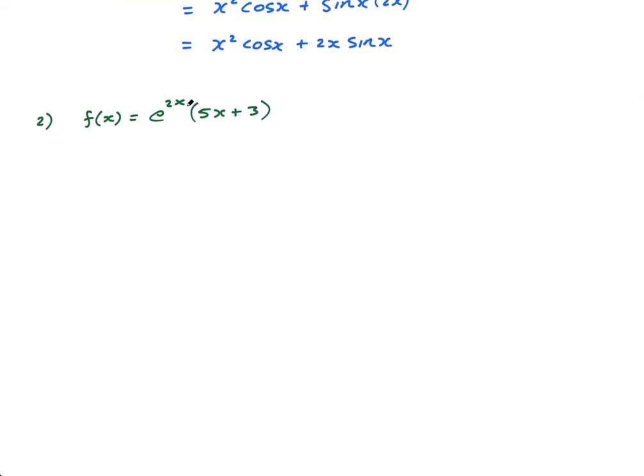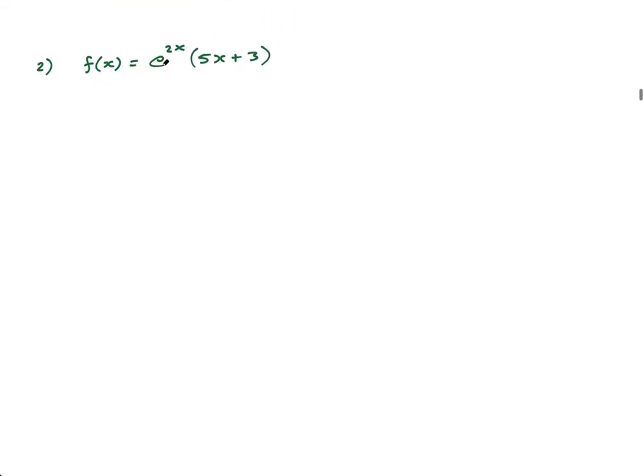So here we have f of x equals e to the 2x times 5x plus 3. At the side, what is u? u is e to the 2x, v is 5x plus 3. Now note, you can have a chain rule within a product rule. This is a chain rule. So this is du dx equals e to the 2x times 2.